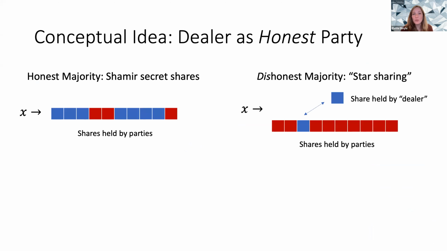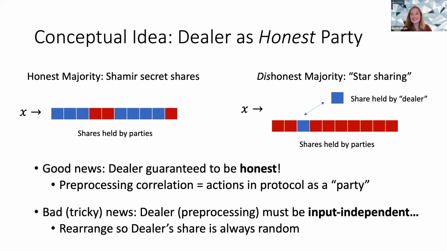The preprocessing correlation consists essentially of the actions of an additional party in the protocol, but in this case it's guaranteed to be honest, because the preprocessing is assumed to be honest. This is enforced by actually running a secure protocol for the preprocessing.